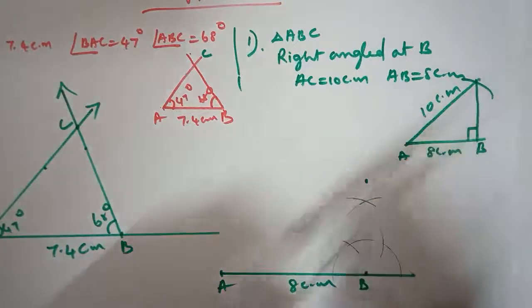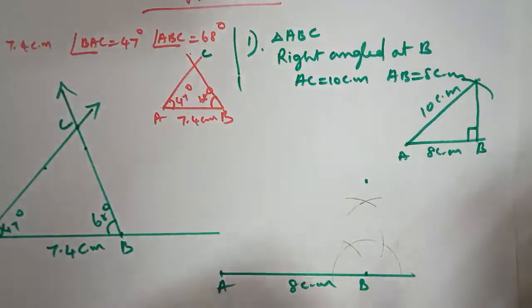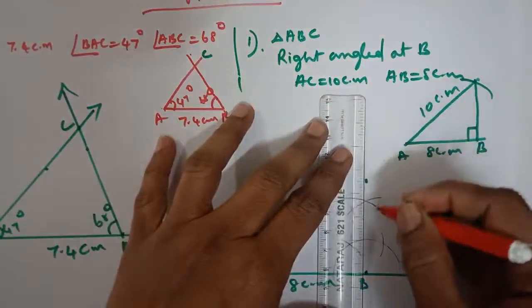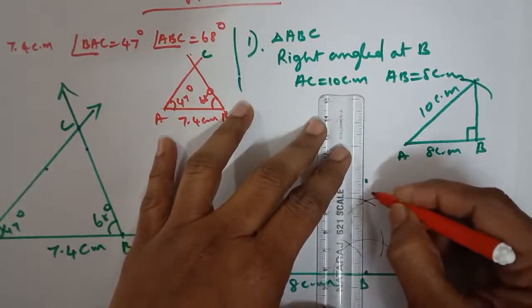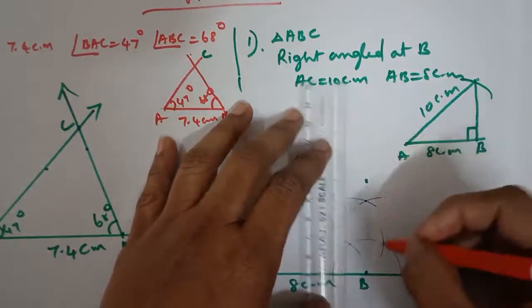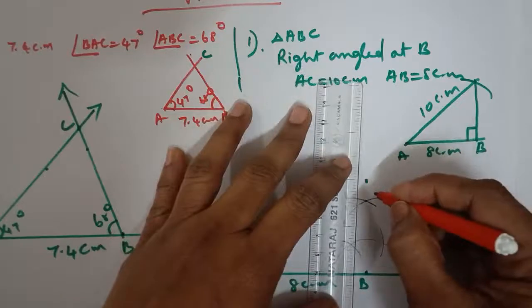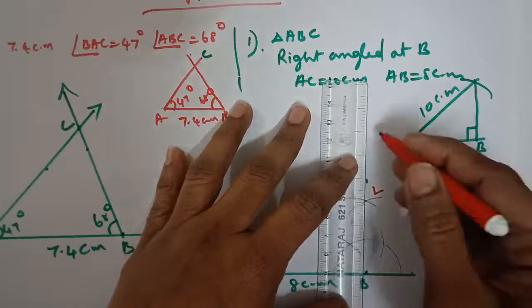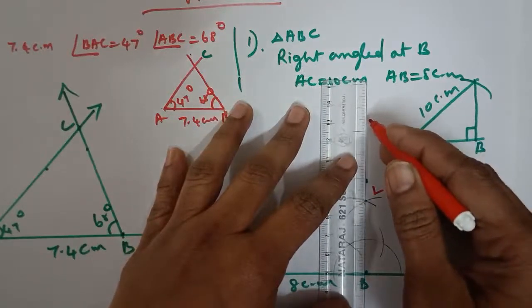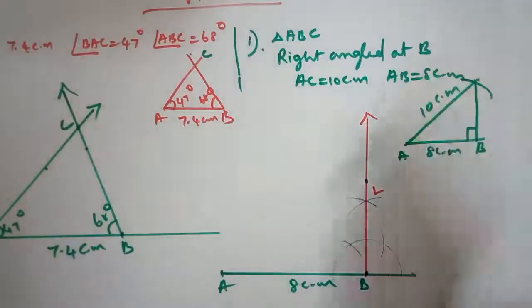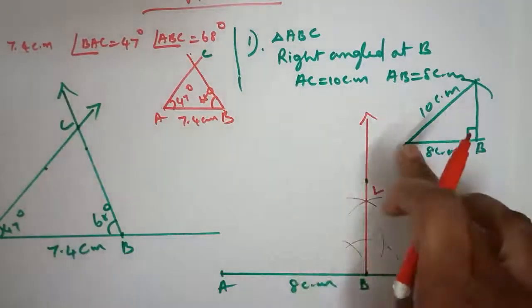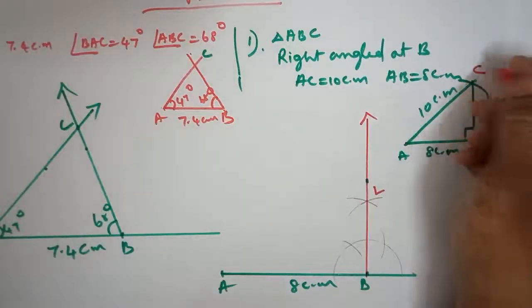So now we should mark this point, okay, L on it, and you should join the line. So at last you have to draw AC 10 centimeter.